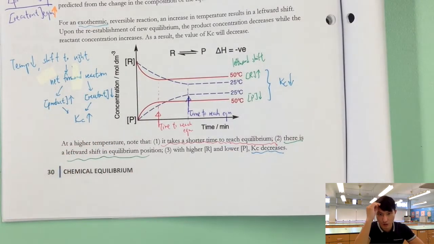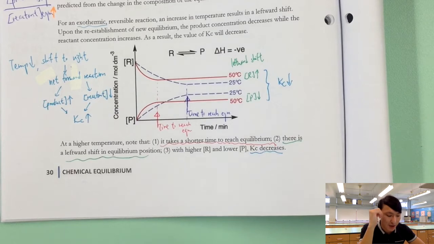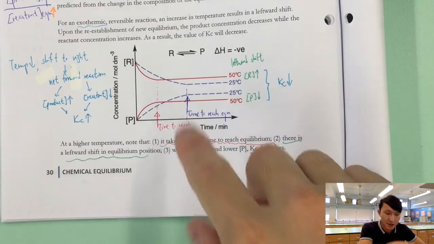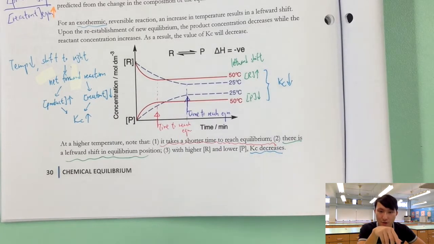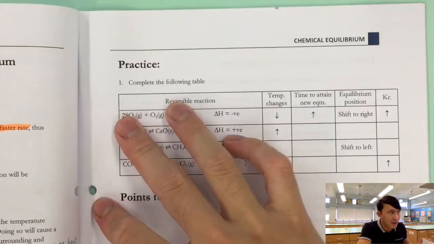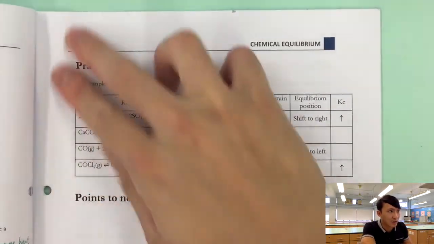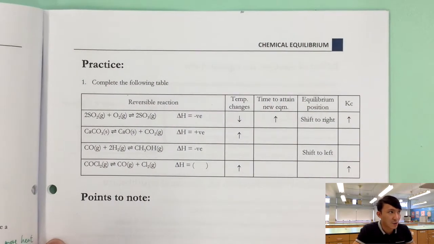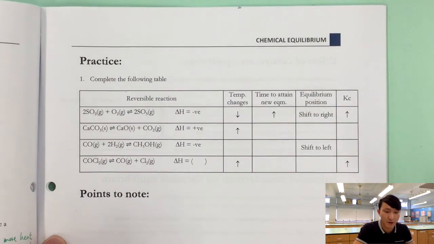And make sure you know how to interpret it, and maybe next time you are asked to sketch a new curve based on a change in temperature. Now on the right-hand side, there is a practice question, very simple, and I want you to pause the video, spend some time to finish it off, and then quickly check the answers.